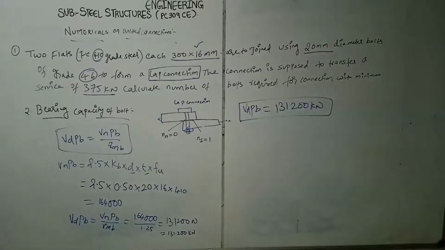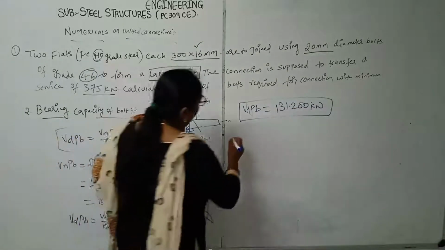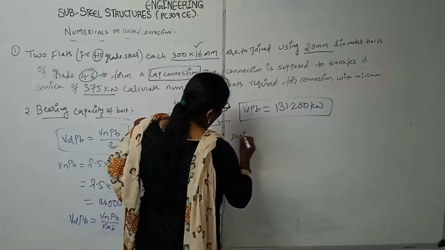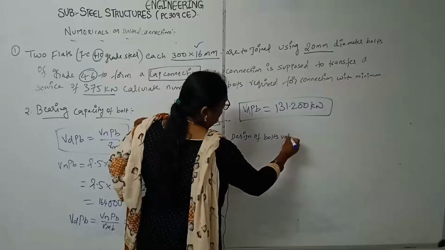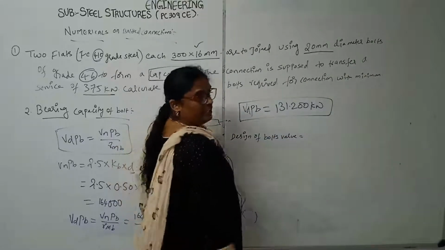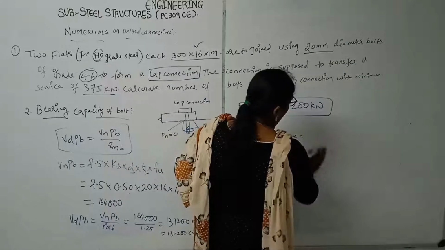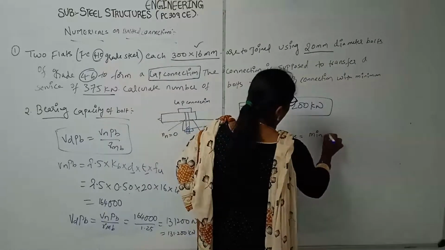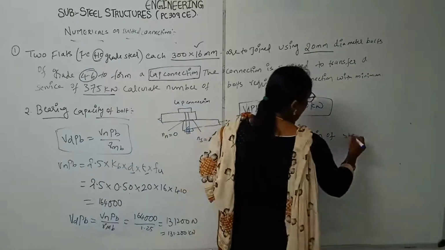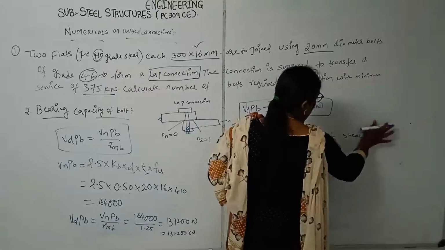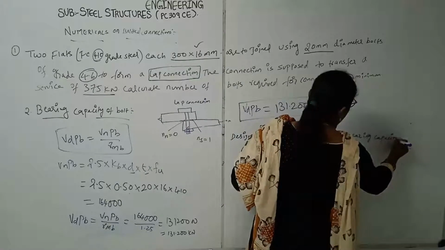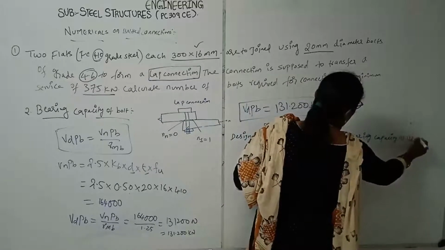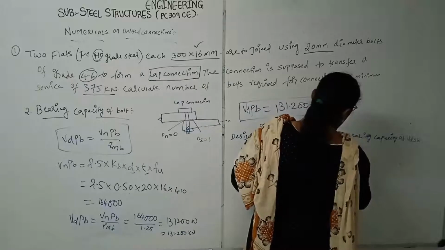Here we are only asked to calculate the number of bolts. So what is the bolt value? The design bolt value will be taken as the minimum of the shearing capacity of the bolt VDSB and the bearing capacity VDPB.